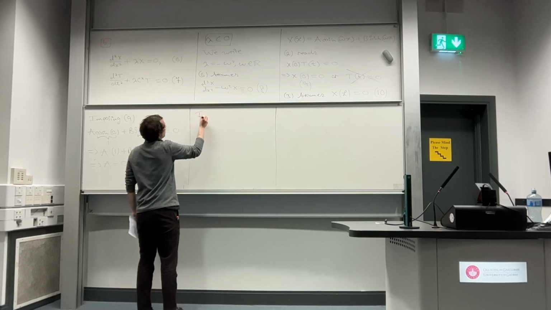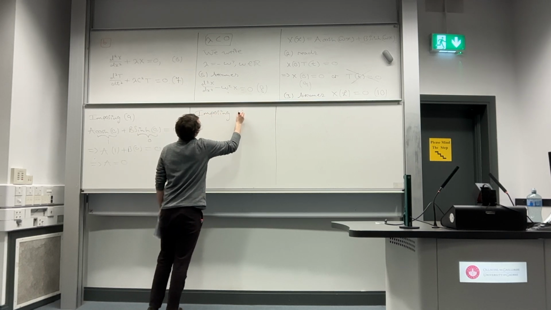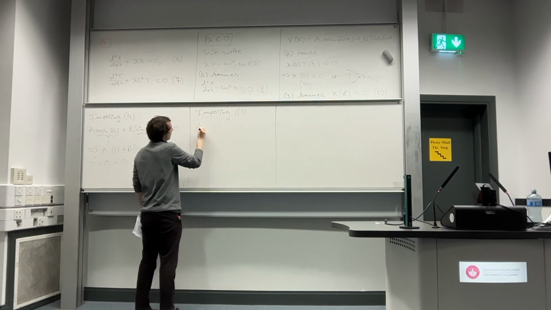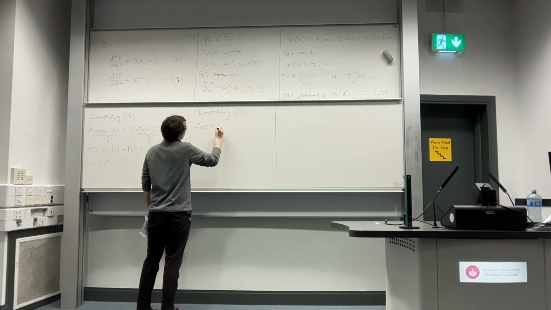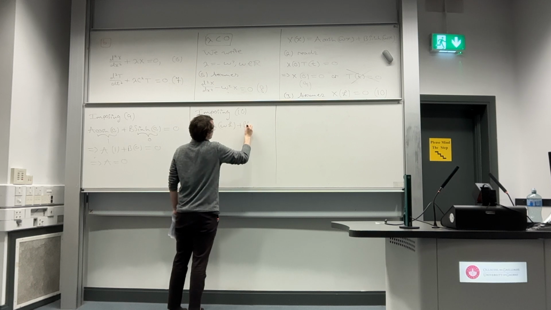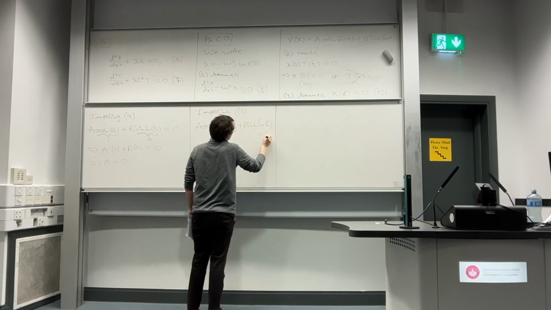So if we impose boundary condition 10, what do we get? Well, we're going to get a cosh of omega L plus b sinh of omega L, and that has to be equal to 0.